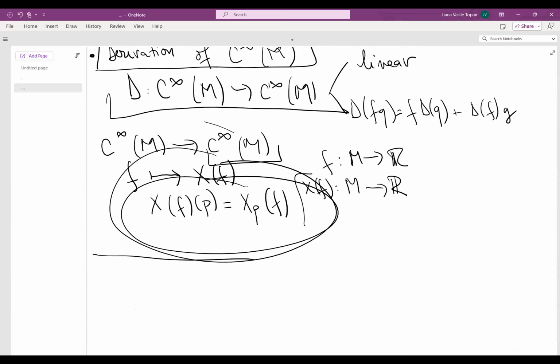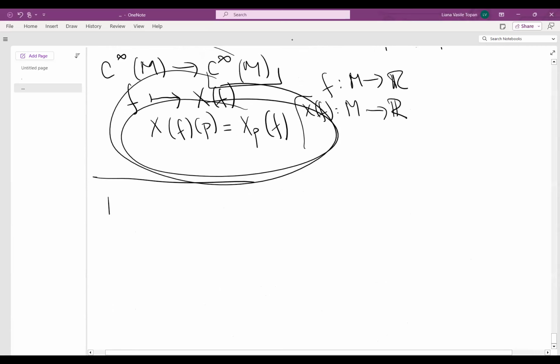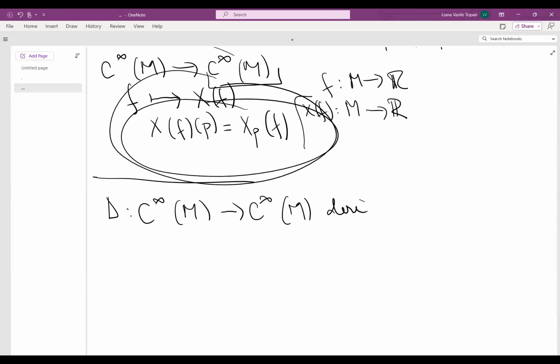Now let's look at the other way around. So suppose that D is a derivation of this algebra, right? And we want to define a vector field, to make this kind of way to see a vector field via a derivation.